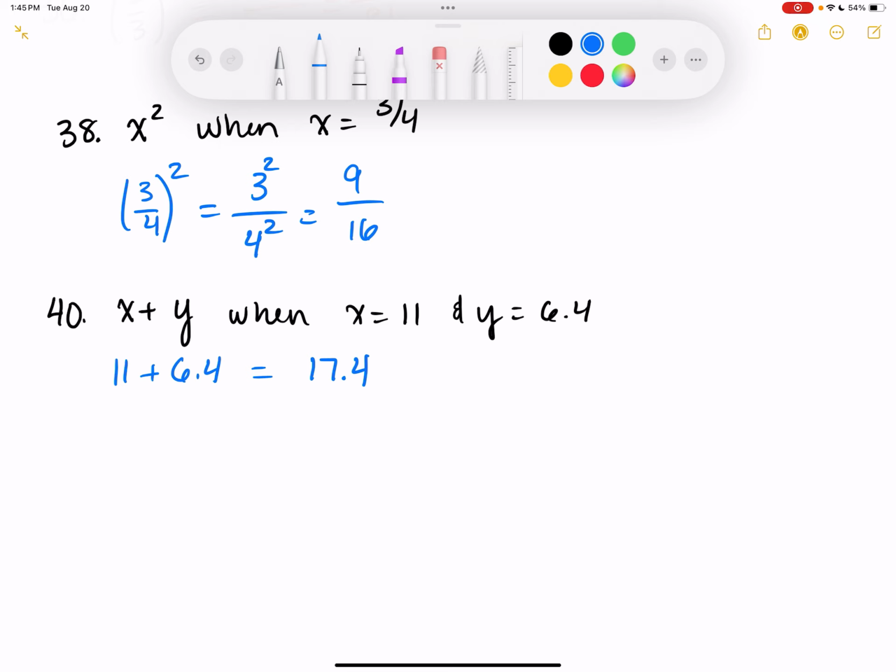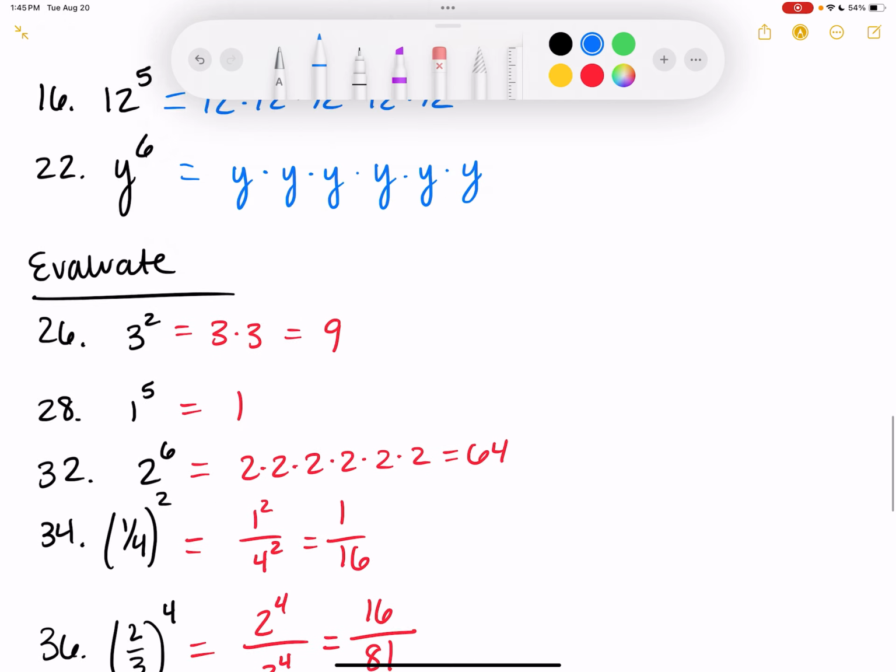Just a reminder, if you need to stack it up to add it, if it was bigger numbers, make sure you have the digits lined up so that you don't get things out of order, which is what happened on the one up here.